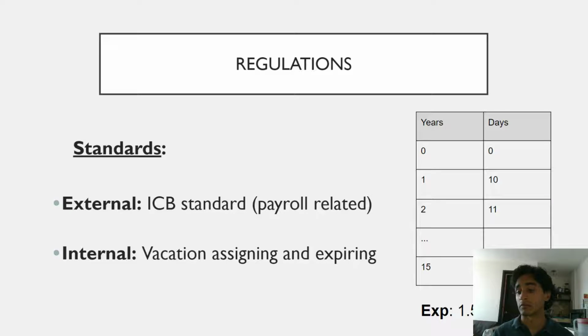This was important because we had to know how many vacation days the users had, and also their expiration, because vacations didn't last. Even if you didn't use them, you had to use them. That's why they are involved in this expiring system.